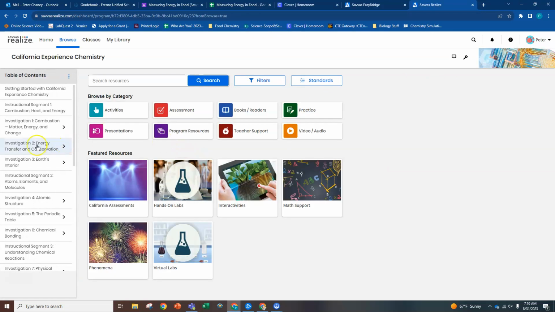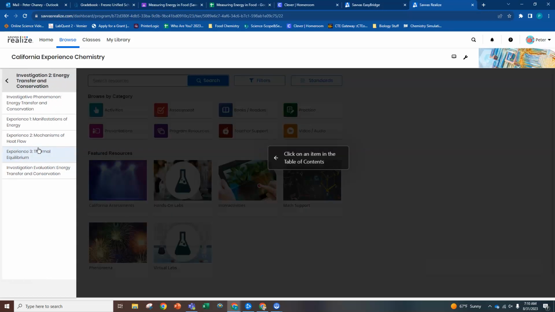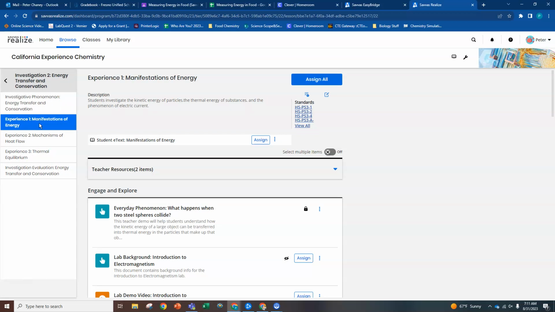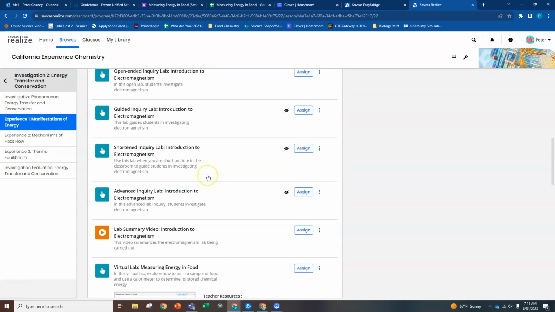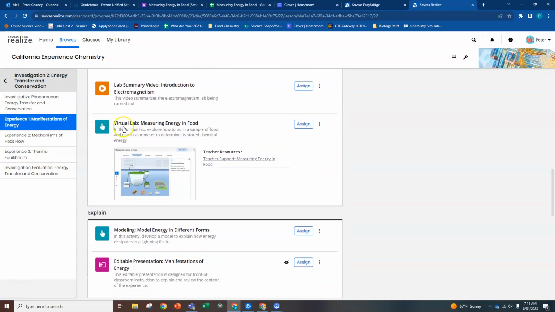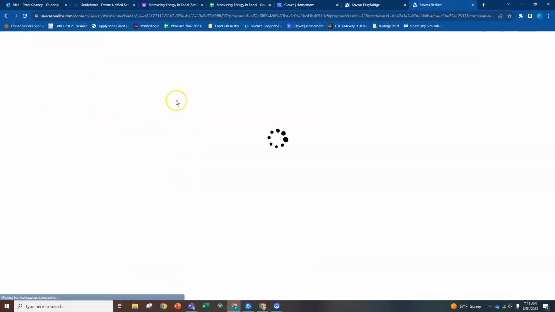I believe it's going to be in the energy transfer and conservation, stations of energy. Here it is. It's called Virtual Lab: Measuring Energy in Food. So let's get into it.